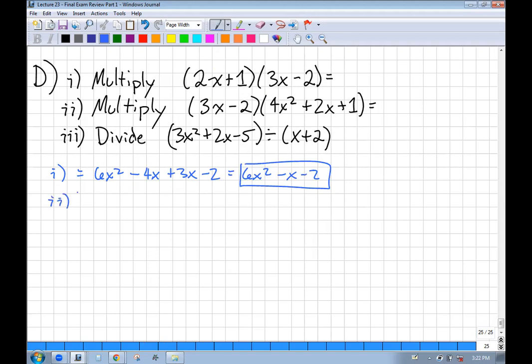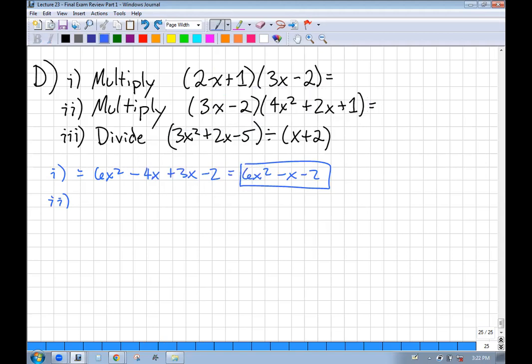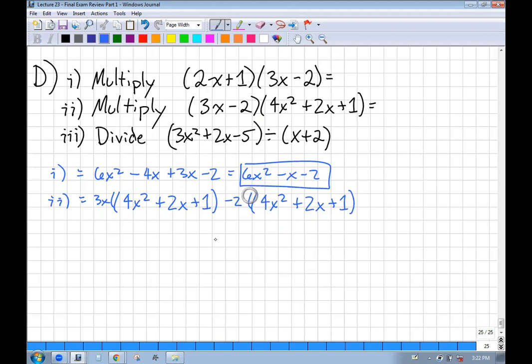I mean, you could show more, like with this one here. I would say, okay, I have a 3x times this stuff, and I have a minus 2 times this stuff. Fix this parenthesis here. Right, so I got this times this whole thing, and I have this times this whole thing.